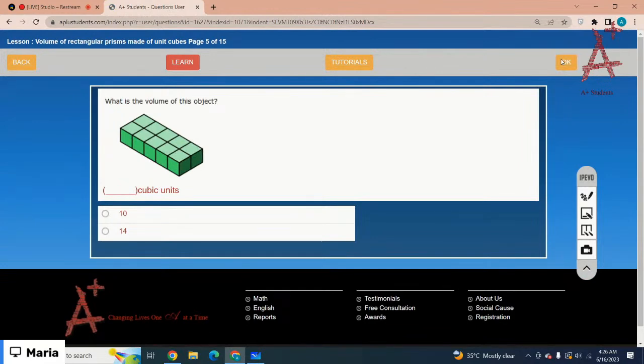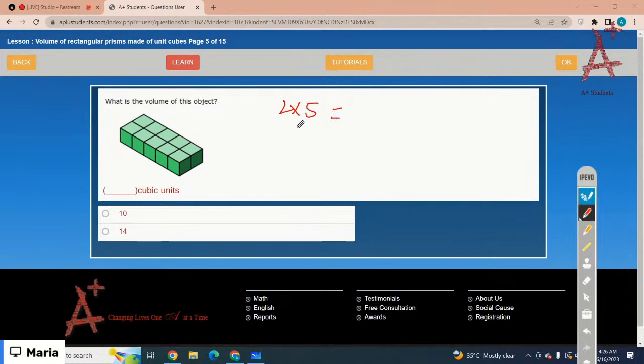What is the volume of the object? So which is the correct option? You can see you have 2 rows, each have 5 cubes. So it would be 2 times 5. That means it is 10. So the correct option is 10.